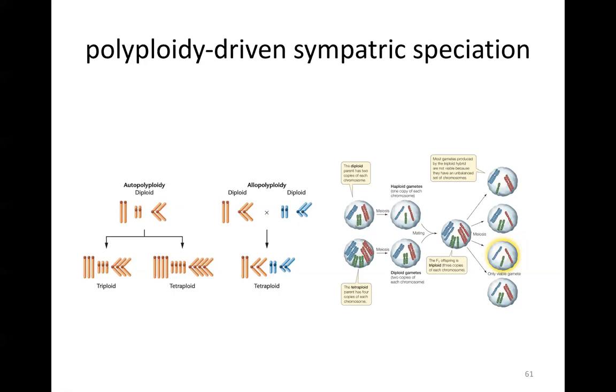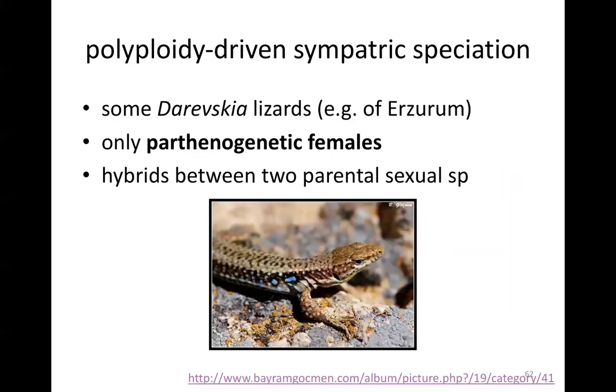Then they're separated by the chiasmata, as you might remember. But of course, if you have three copies here, then each of the germ cells will receive randomly either one or two copies of each set of chromatids, and this imbalance will cause problems. Sometimes such organisms can produce viable gametes, but their proportion will be low, or if there are many chromosomes in the species, it might be close to impossible as well.